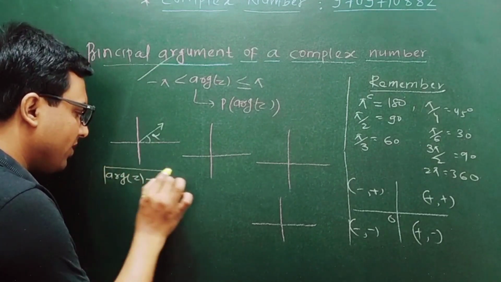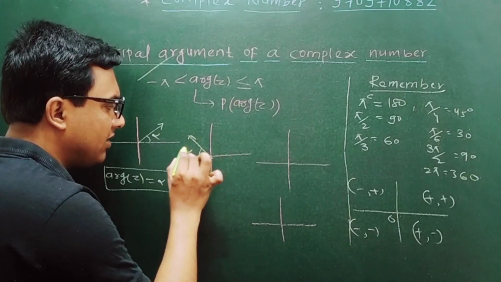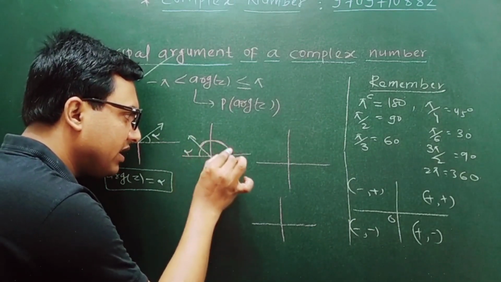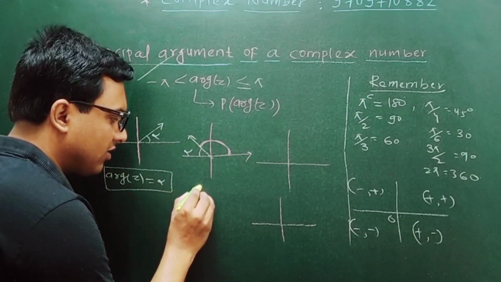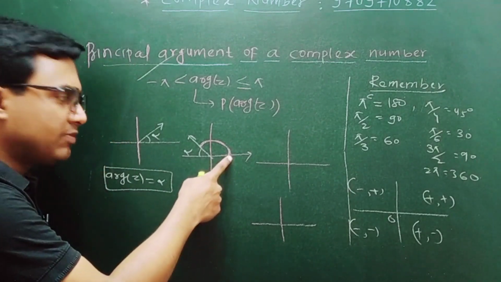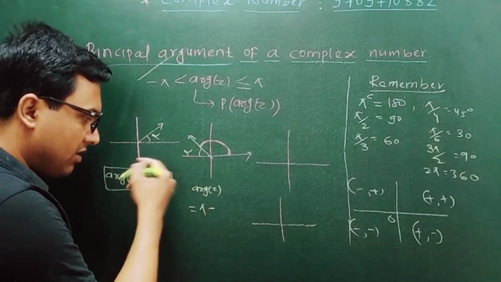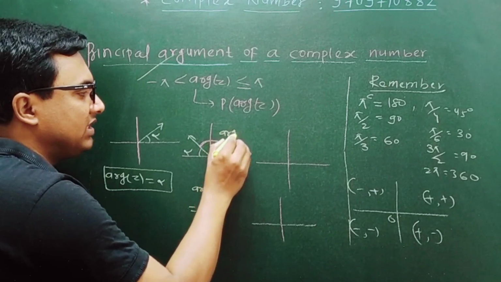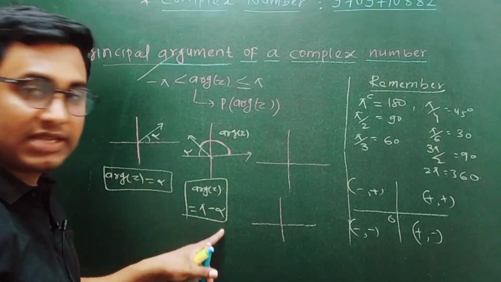In the second quadrant, alpha is made here, but our argument is here. So argument of z is the total angle to this point, which is pi, minus alpha. In the second quadrant, the argument becomes pi minus alpha.